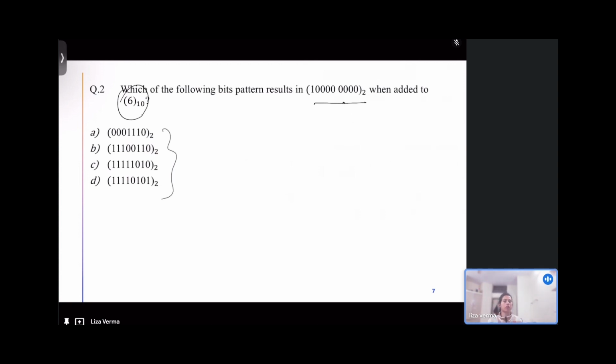So we can do it in both ways, either convert this into decimal, but then we'll have to convert this also into decimal, so let's not go that way. We'll convert 6 to a binary string and then follow for the solution.